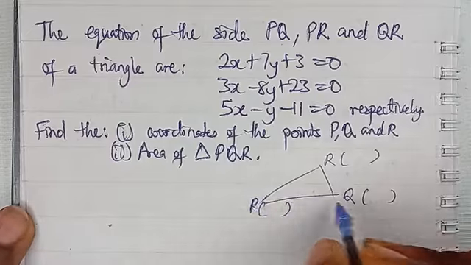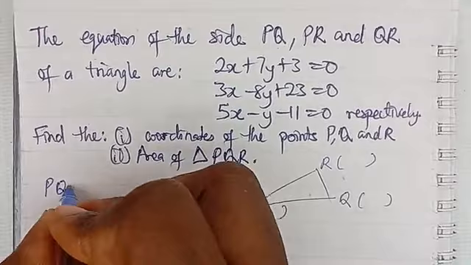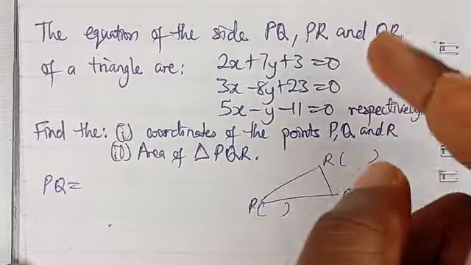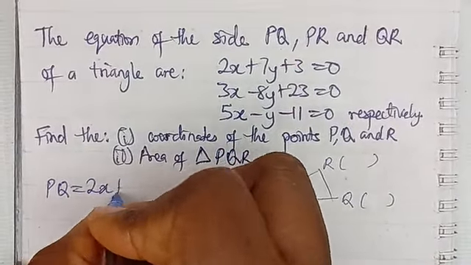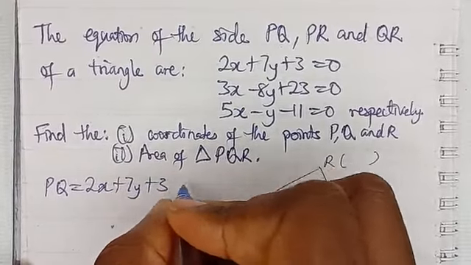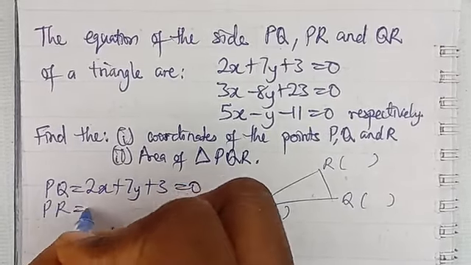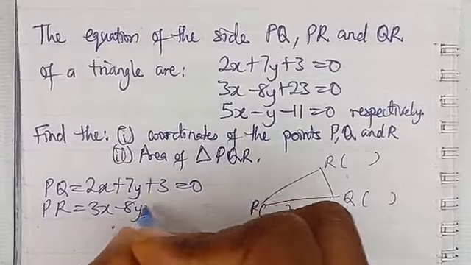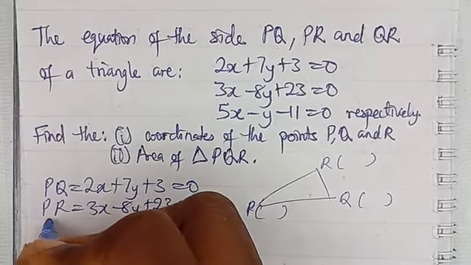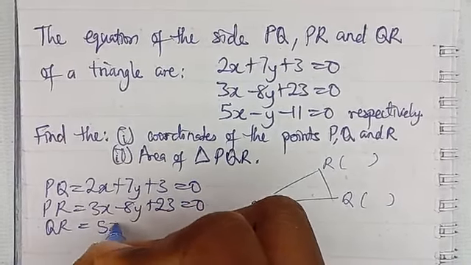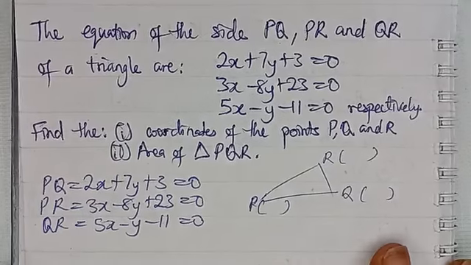So we have that the side PQ, since it's respectively, so this belongs to this, right? So PQ is 2x plus 7y plus 3 equal to 0. And then we have that PR is 3x minus 8y plus 23 equal to 0. And we have that QR is 5x minus y minus 11 equal to 0. Okay.